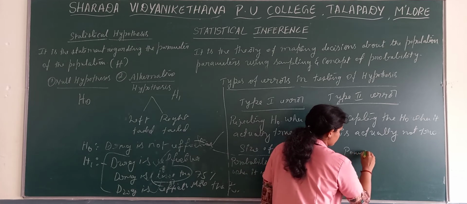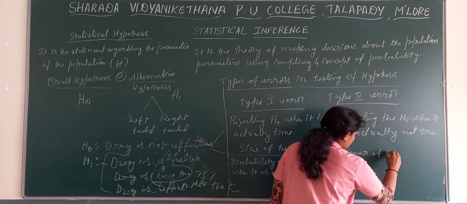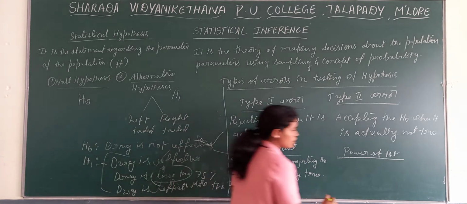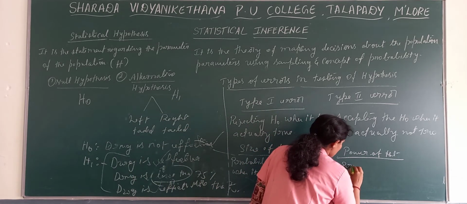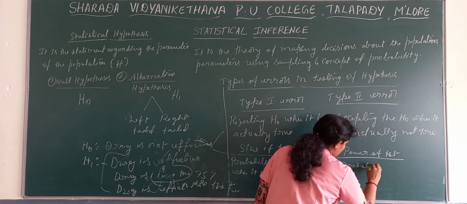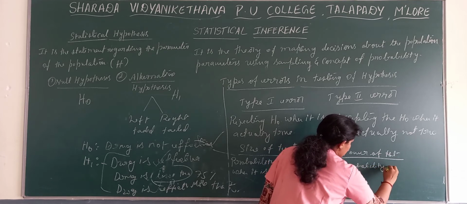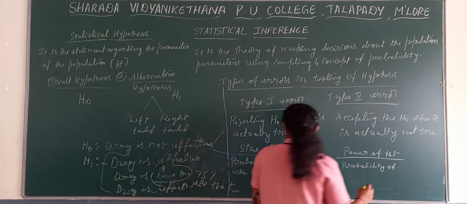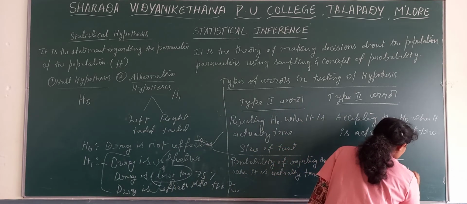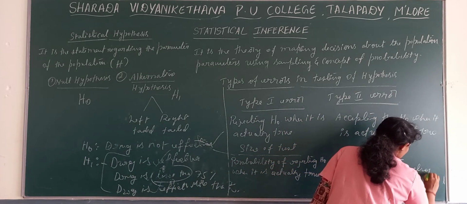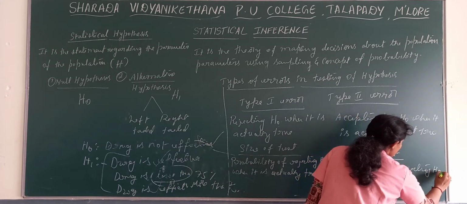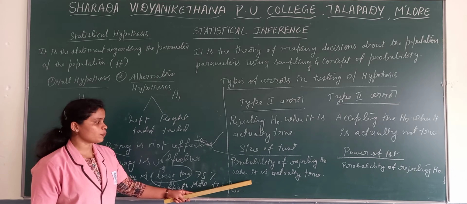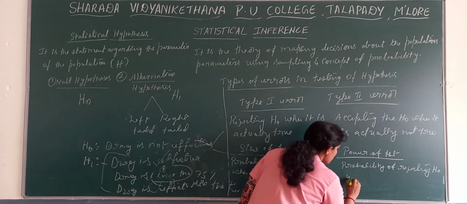And one more is there, that is power of test. What is that power of test? It is the probability of rejecting the null hypothesis when it is not true.